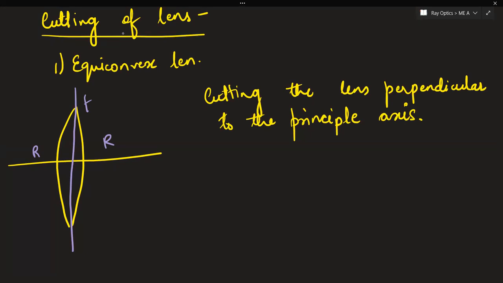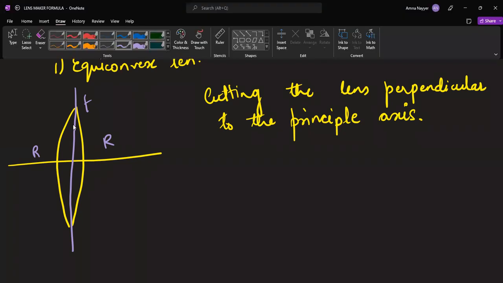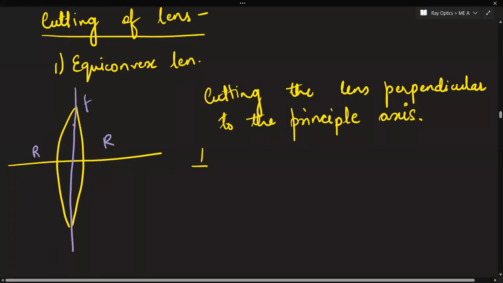Now, see what will happen here. Let us first talk about this part only. If we apply the lens maker formula and calculate the focal length, R1 that is present, this one will be negative and this one will be positive, right? According to the sign convention.